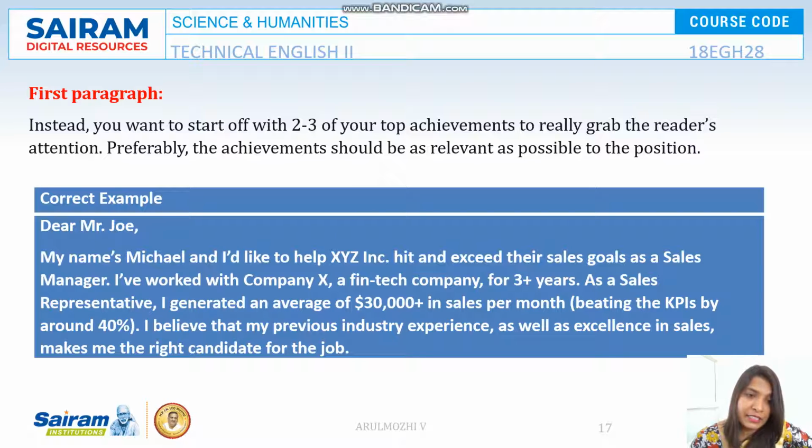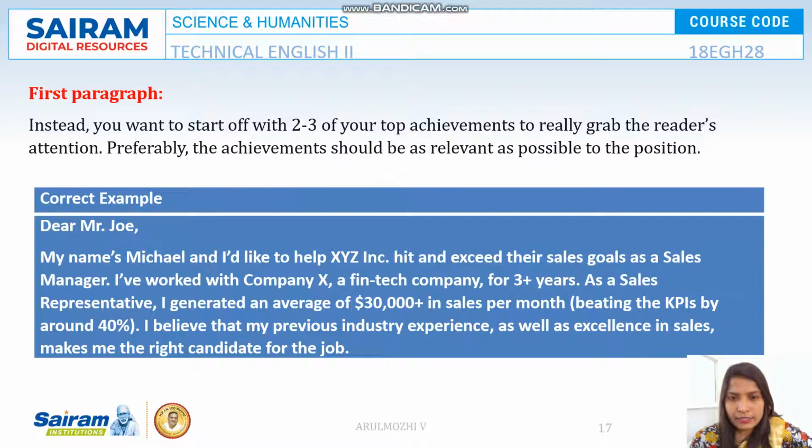As a sales representative, I generated an average of 3,000 plus sales per month, beating the KPIs by around 40%. I believe that my previous industry experience as well as excellence in sales make me the right candidate for the particular job.